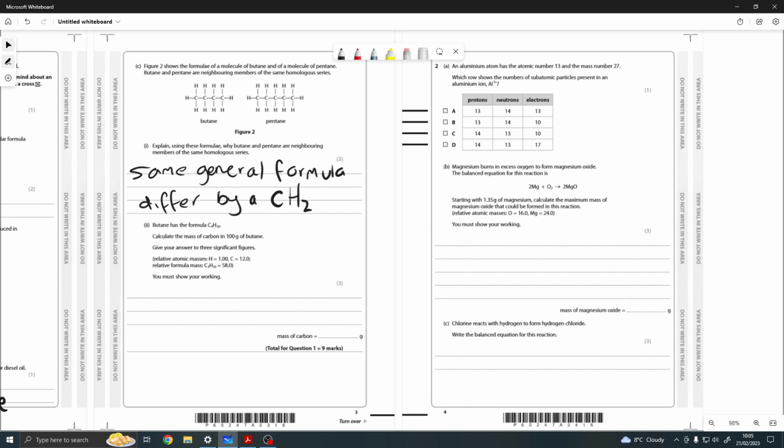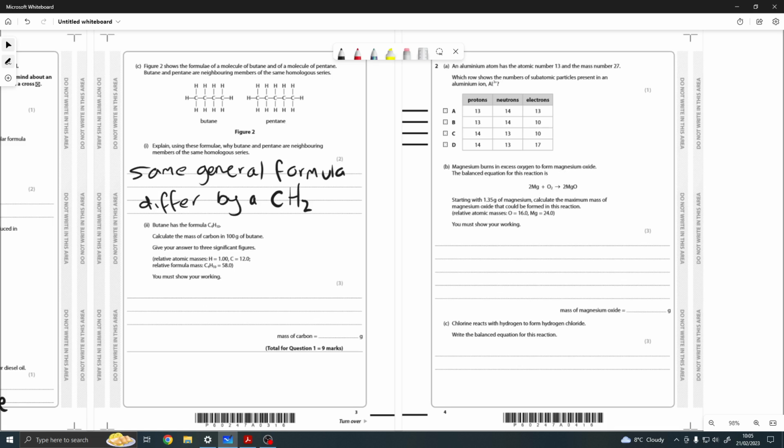Next, it says butane has the formula C4H10. Calculate the mass of carbon in 100 grams of butane. Give your answer to 3 significant figures. Then it gives you the relative atomic masses of hydrogen and carbon and the formula mass of butane as 58. Okay, now, so this is 3 marks. So to do this, the first thing I would do is work out how many carbons there are.